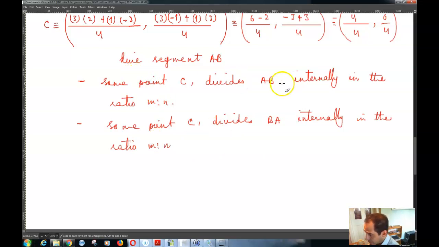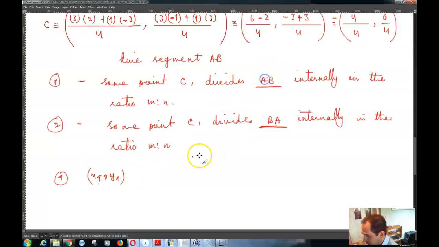In this case, you would take the line segment AB. In this case, you have the line segment BA. So in this case, you will take x1, comma, y1 as your point A over here, and B would be x2, comma, y2.